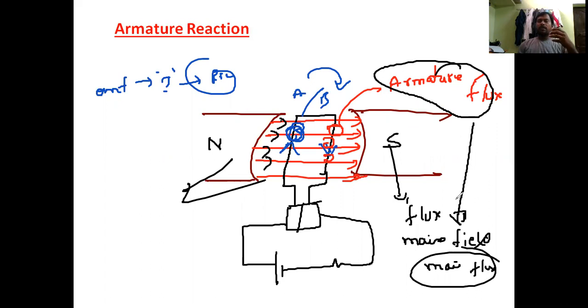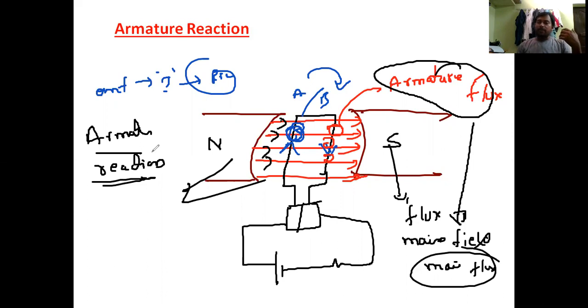Whether the armature flux is strengthening the main field flux, or weakening the main field flux, such an effect is called armature reaction. Think about how the armature flux is reacting with the main field flux. Such an effect is called armature reaction.